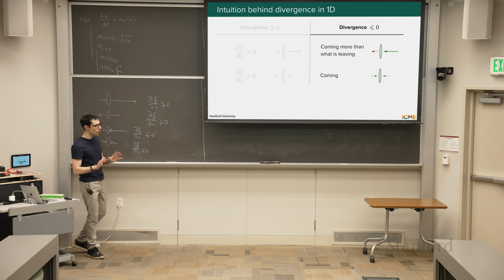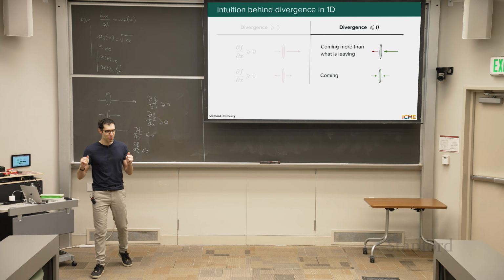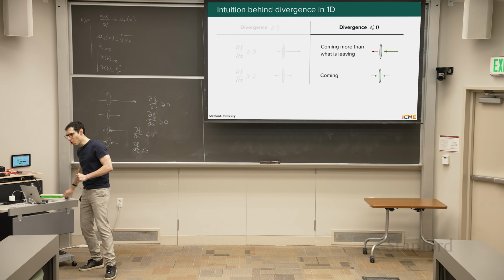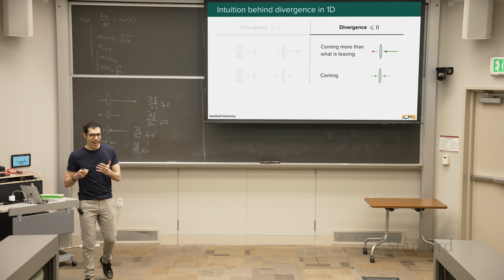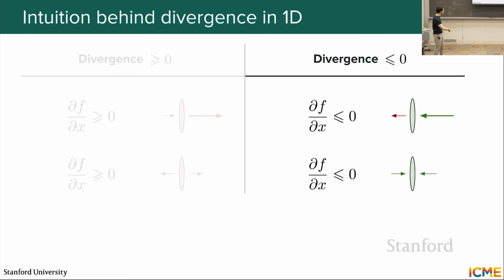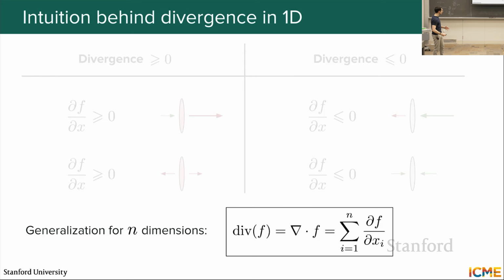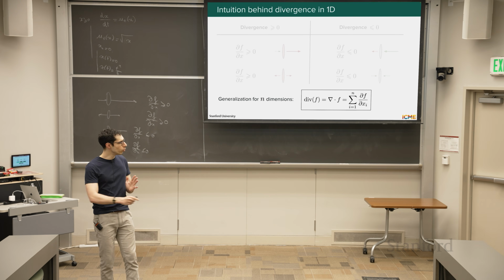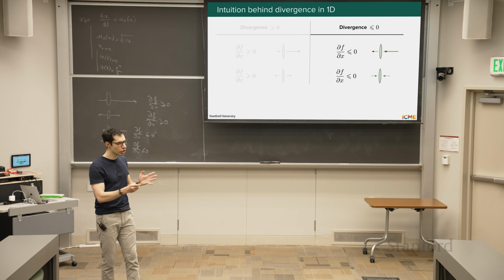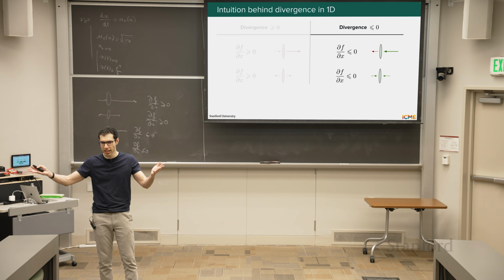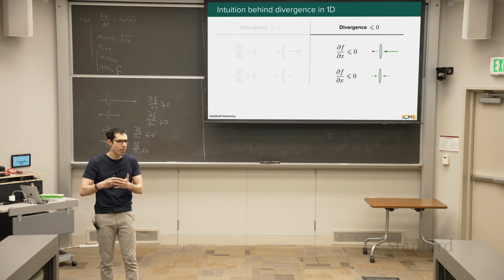So this is by no means a formal proof, but I hope I gave you some intuition that if you take the partial derivative of your function that is outputting a vector over its coordinates, at least in 1D, it would give you this intuition that if it's positive, then it's more coming out, and when it's negative, then there's more coming in.